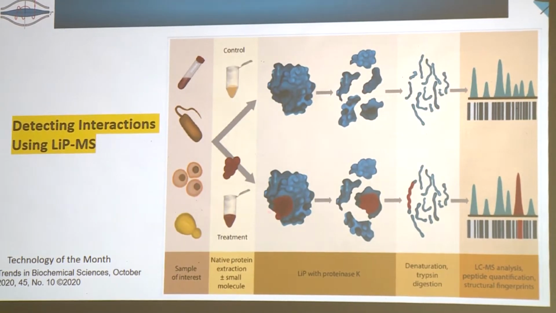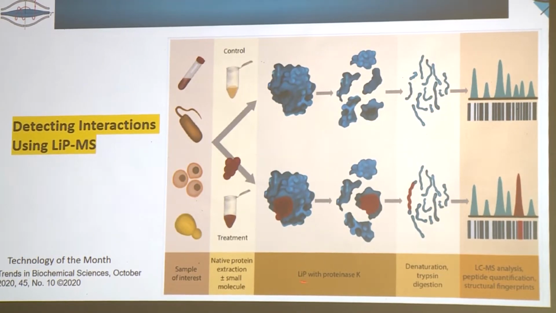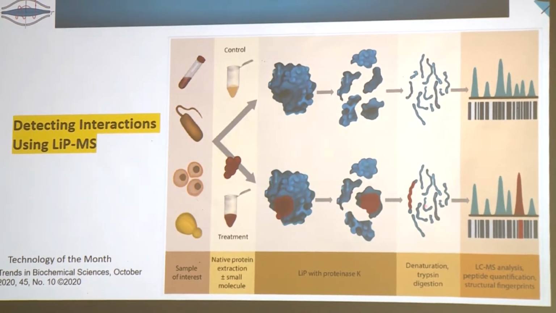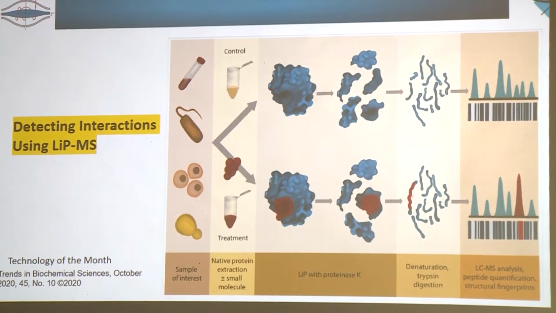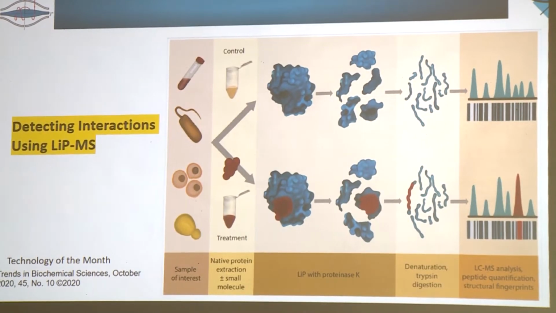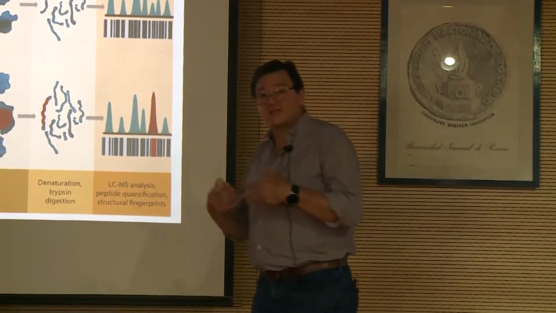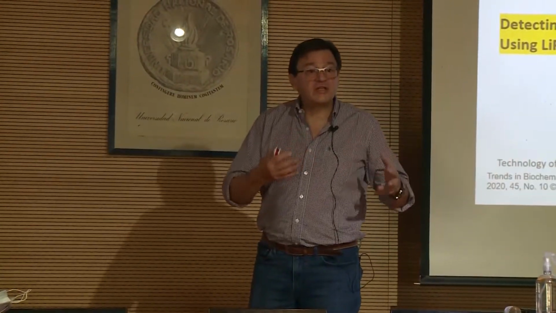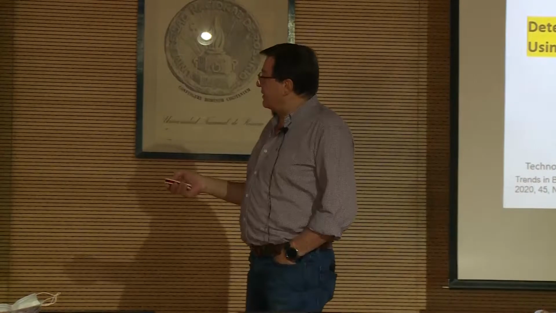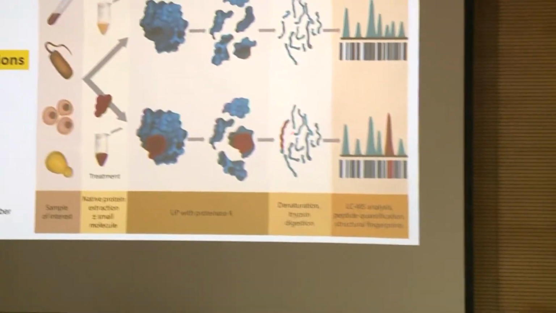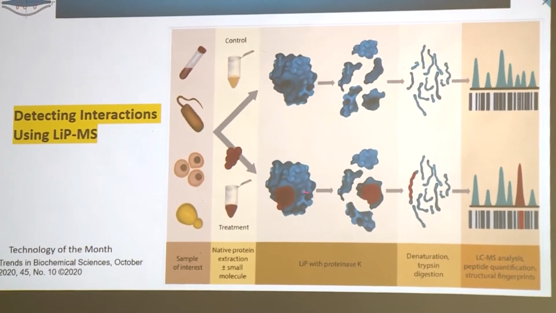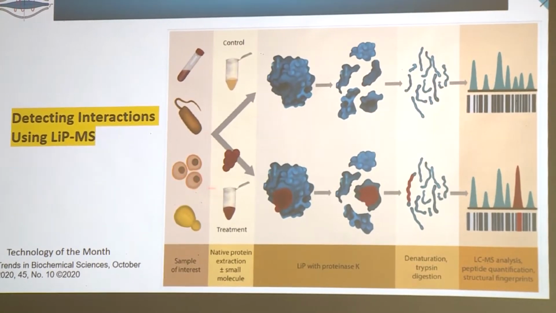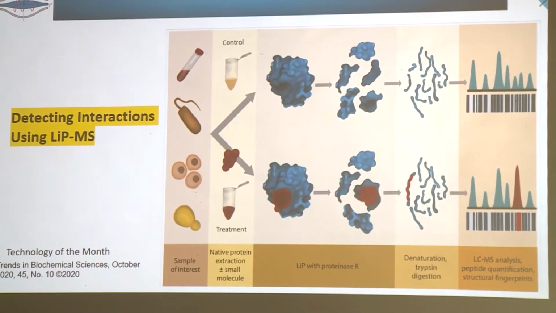So if something alters the first limited proteolysis step, you will have a new peptide that comes from a digestion that is not originated by trypsin, and if you are lucky, you can identify this peptide and then know what changed in your protein.